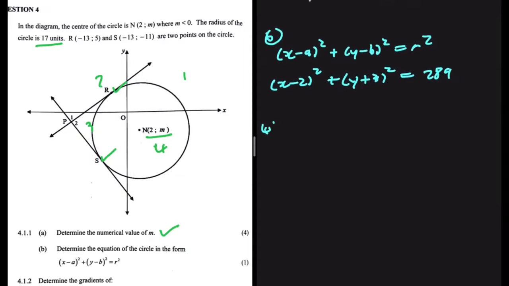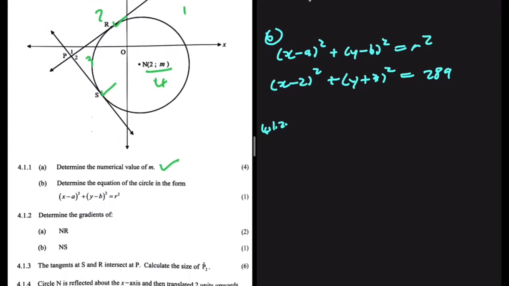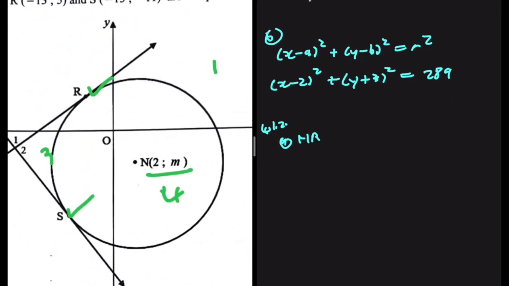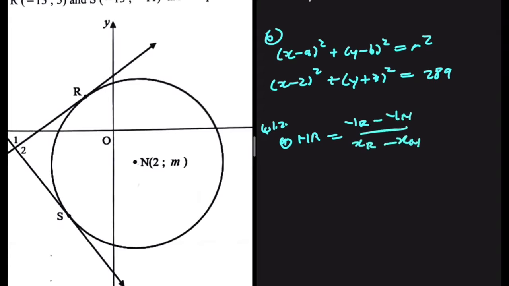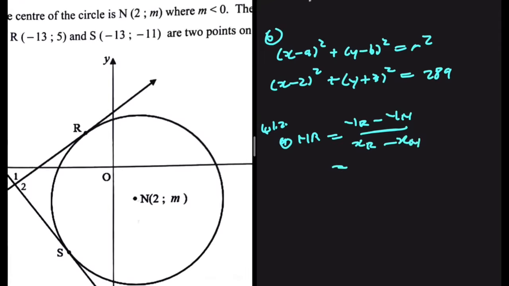Let's go to 4.1.2. Determine the gradient of NR. So let's look at NR. We have the coordinates of R and we have the coordinates of N, so it will be pretty much straightforward. NR will be equal to y of R minus y of N divided by x of R minus x of N. What is y of R?